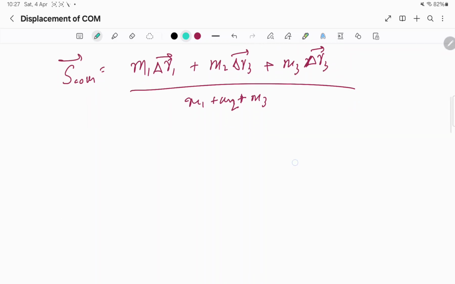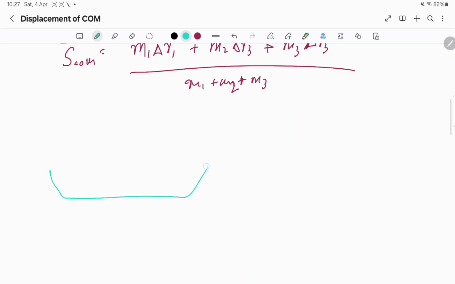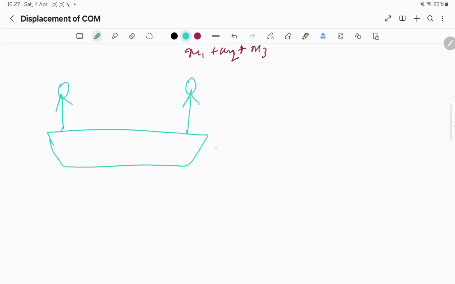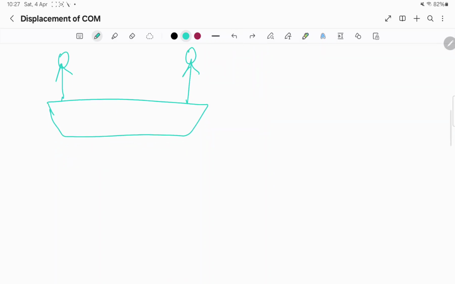So what will be the total displacement if the boat moves by x distance? Now if I draw the diagram, the boat moves here by x distance on the right.